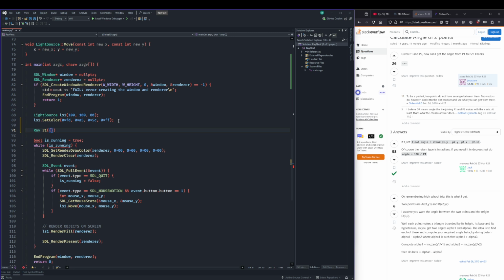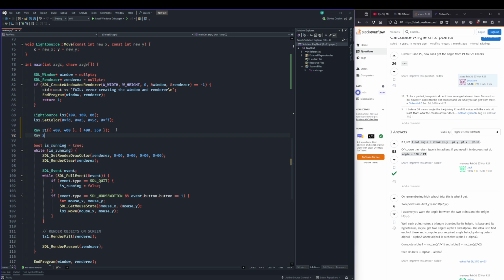I think we can just give them between curly brackets. And so let's do 400 400, since that would be the middle of our window. And let's do 400 350. Here I'm just going to check the sign of the angle that we are going to get, and ray r2 is just going to be the same thing, but here 400 450.